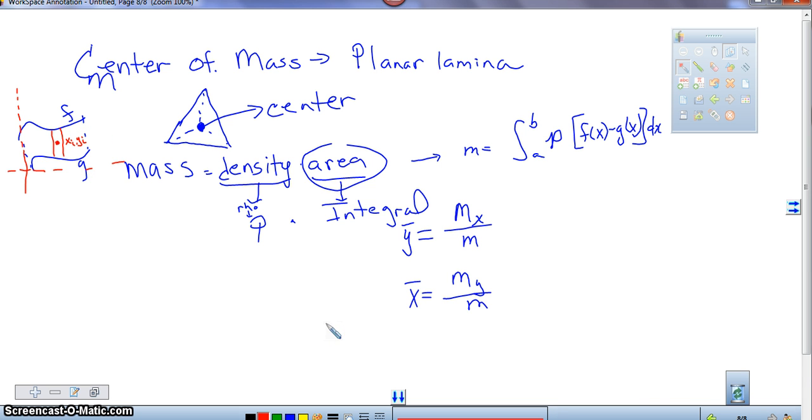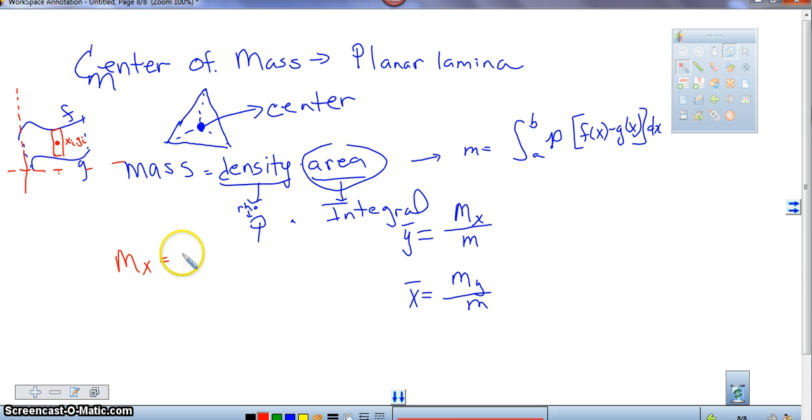So if you think about this, your moment about the x, let's start with that. Moment about the x is going to be right here, and here's the x-axis, so the moment about the x is going to be this distance. And if you think about that, this distance from x is basically the midpoint of this rectangle.